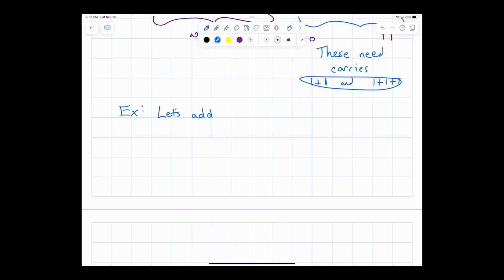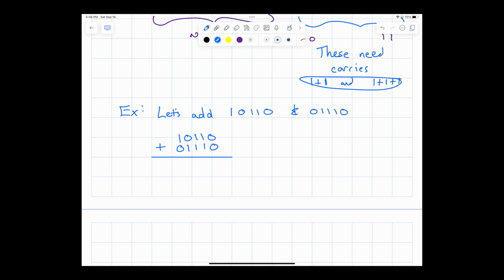Let's say 1, 0, 1, 1, 0, and 0, 1, 1, 1, 0. We want to add these, and we're going to have to remember how to carry.